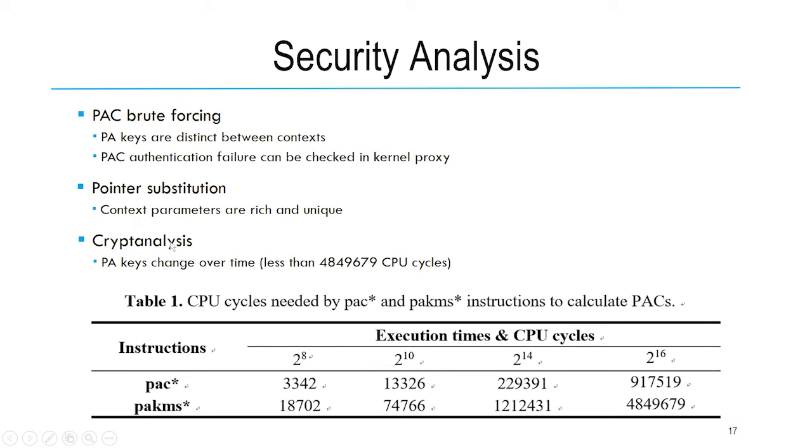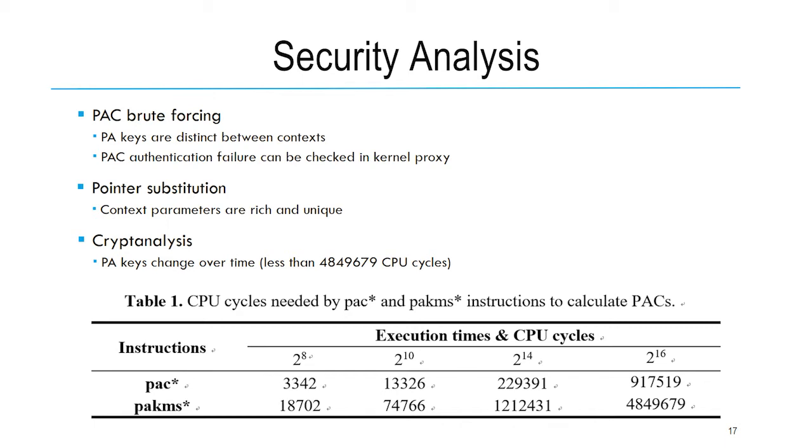The security problems of existing PA-based schemes stem from the immutability of each process's PA keys managed by the kernel. PAKMS, however, can provide different keys to the same process or even the same function context at different times. Therefore, PA keys are distinct between contexts, and the PAC authentication fields can be checked in the kernel proxy, preventing the PAC brute forcing attack.